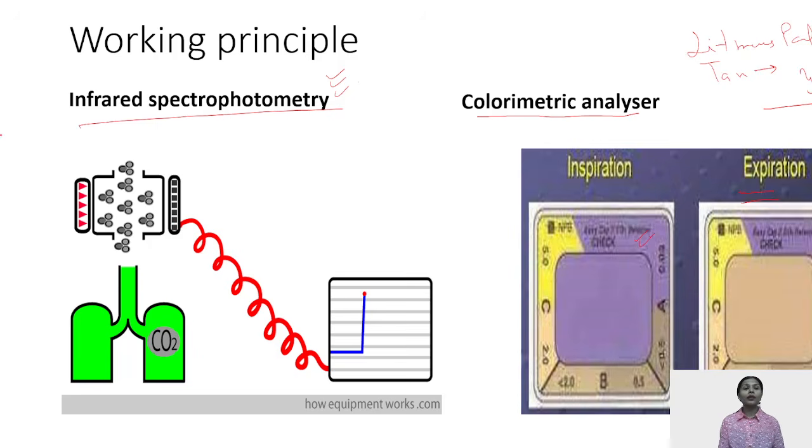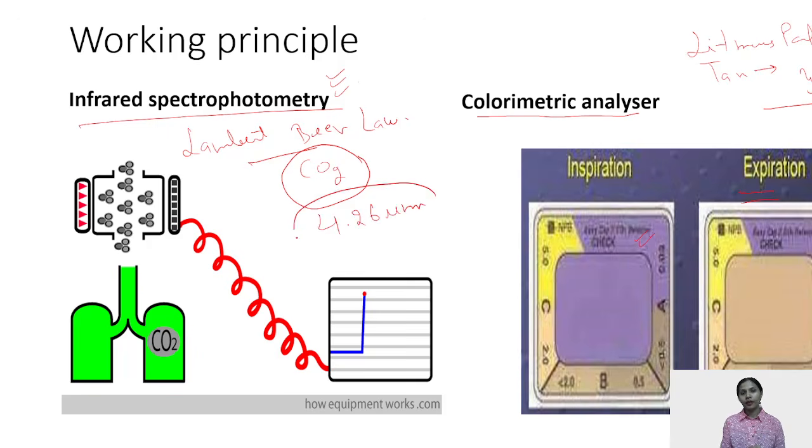And when we talk about the infrared spectrophotometry method, it is very similar to what we have studied in the pulse oximeter. It also depends upon the same law, that is the Lambert-Beer's law, as it was observed that CO2 also absorbs a specific wavelength of 4.26 micrometers.